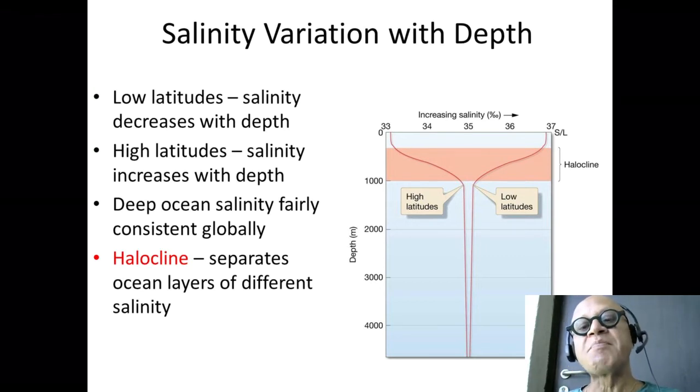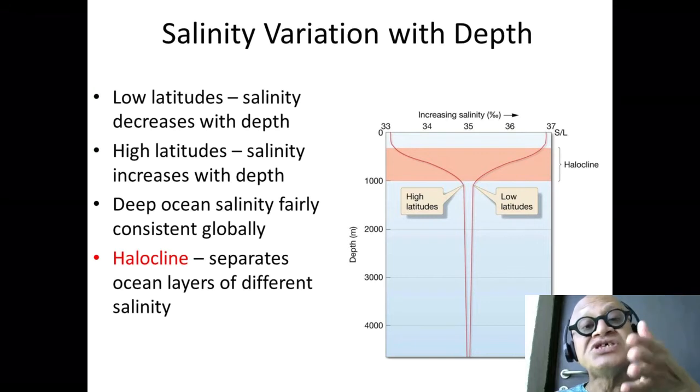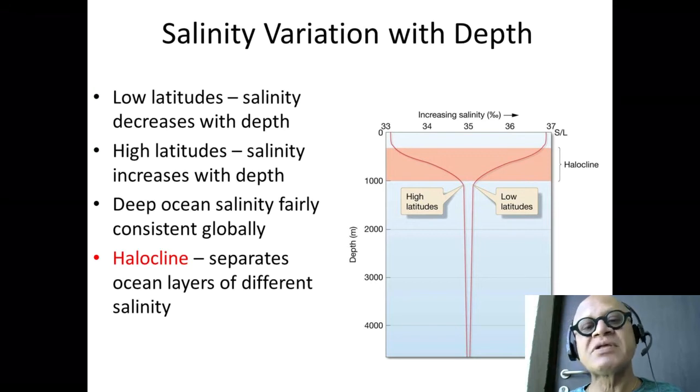So in the high latitudes, the surface is quite fresh because of precipitation, sea ice melting, etc. There is a nearly vertical profile, which means near the surface the winds are mixing the ocean and creating a homogeneous region near the surface, and then salinity increases very rapidly over this band called the halocline, shown in this orange color.